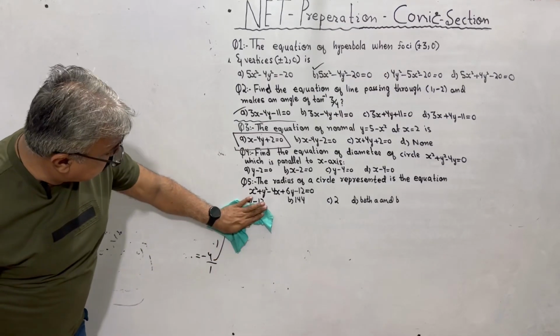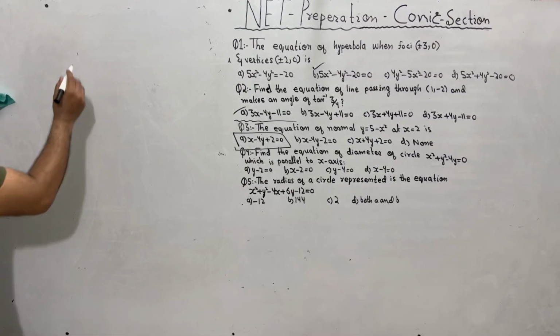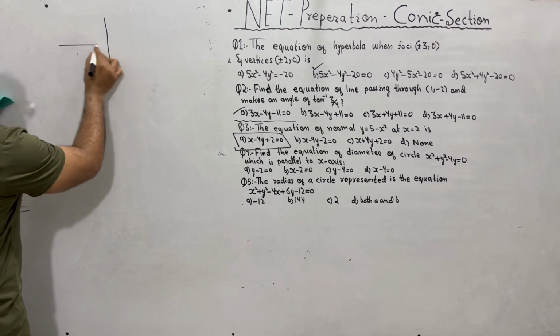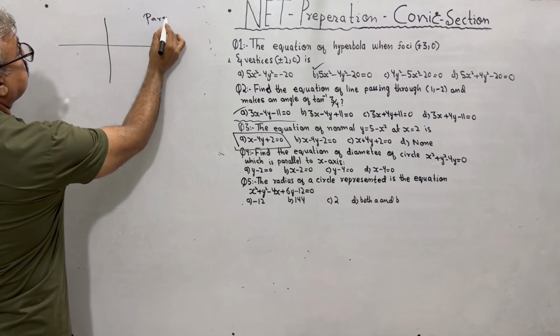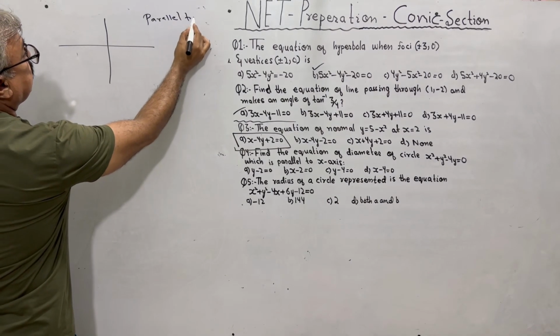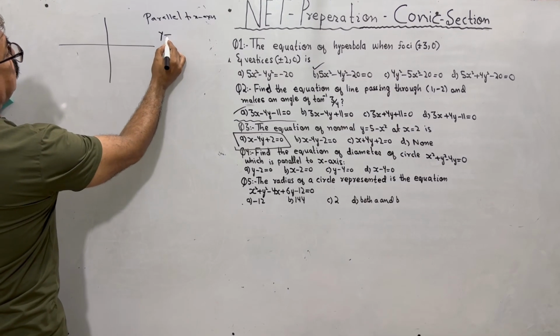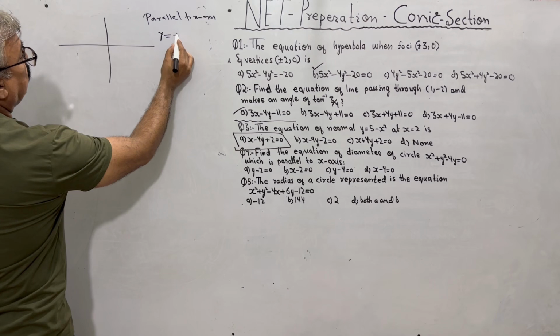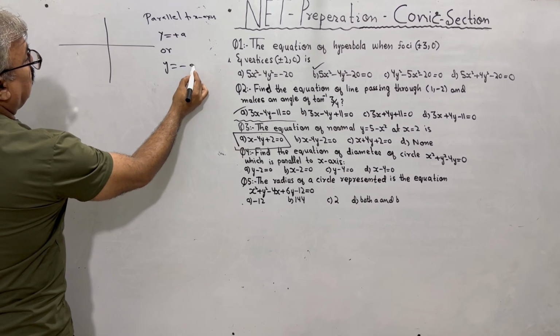Really very simple. Okay, that's our graph. Parallel to the x-axis, we have only a value of y. y might be positive or y might be negative.